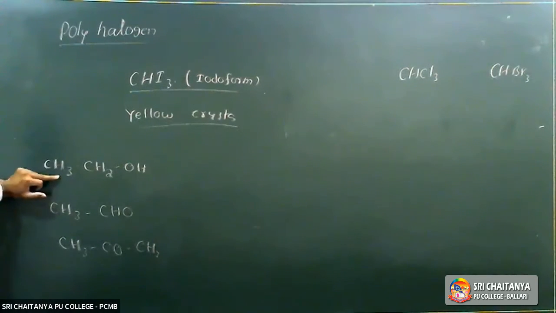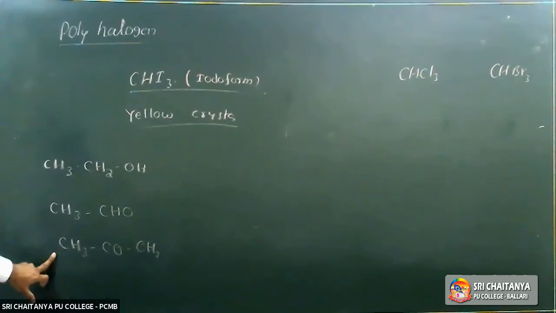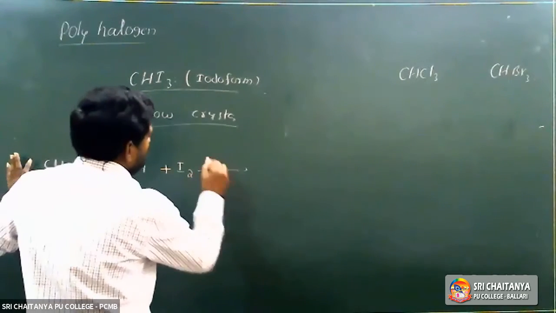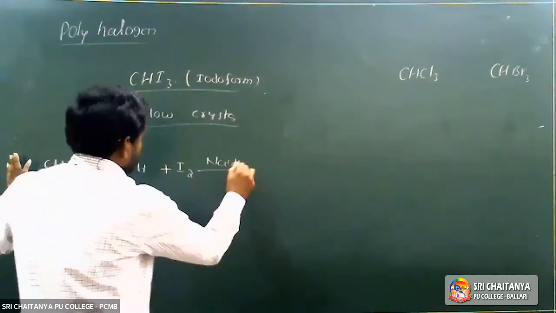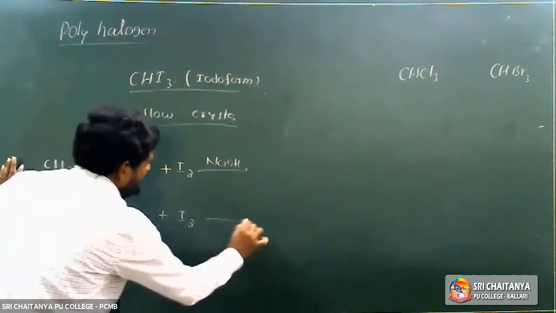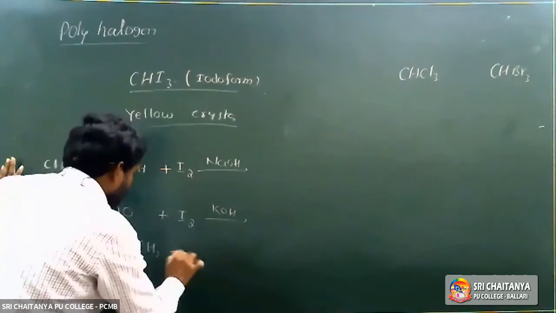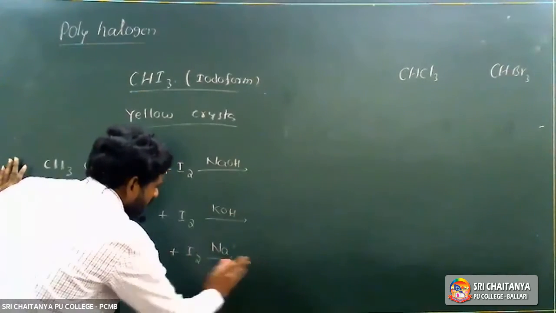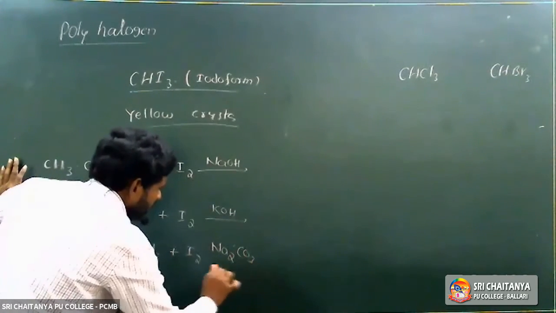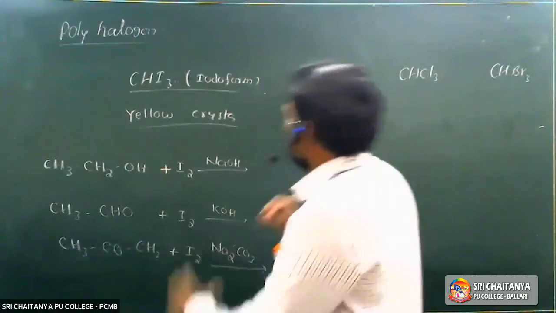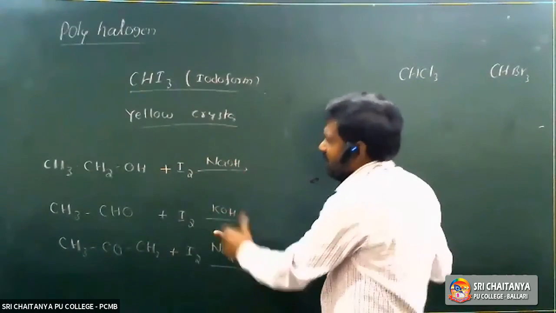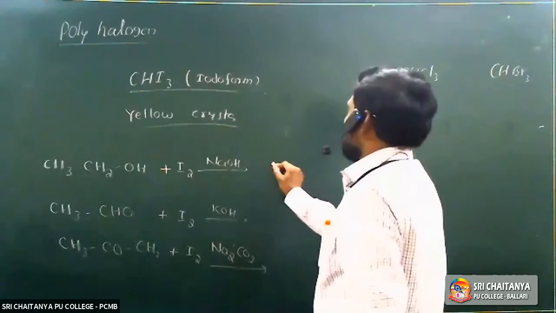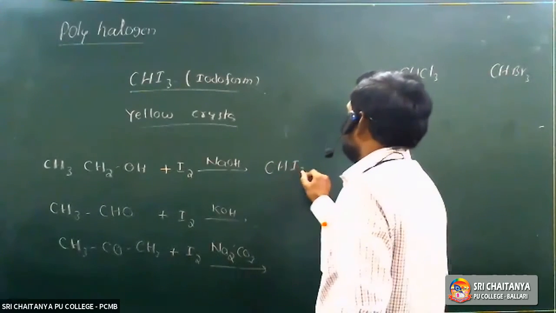Ethyl alcohol, acetaldehyde or acetone on heating with iodine in the presence of alkali, either sodium hydroxide or potassium hydroxide, or even sodium carbonate, Na2CO3, gives iodoform, CHI3.